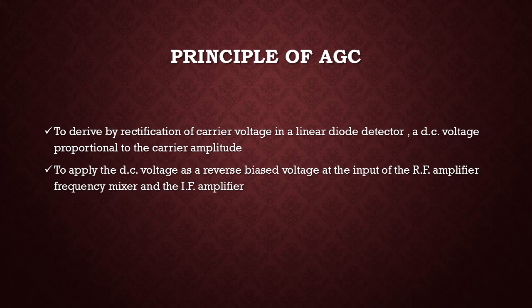Thus, if the carrier signal amplitude increases, the AGC bias increases and the gain of all the tuned stages preceding the detector decreases, resulting in decrease in carrier amplitude at the input of the detector, bringing it back to its original or normal value. I think this is clear to all.